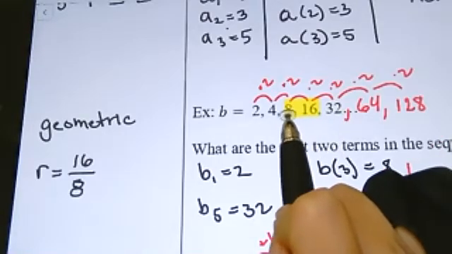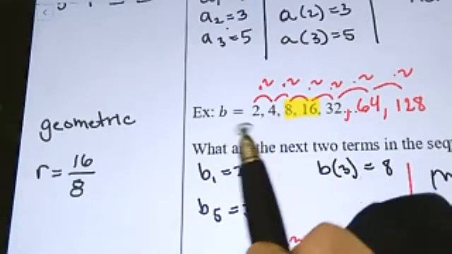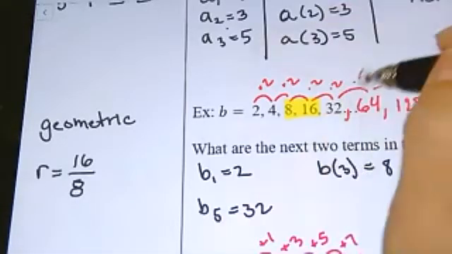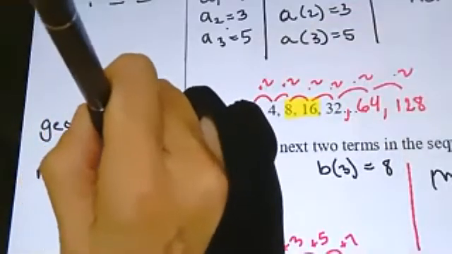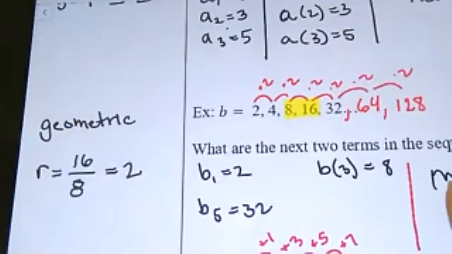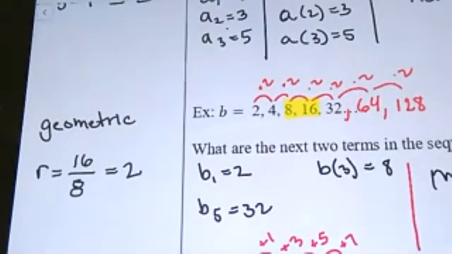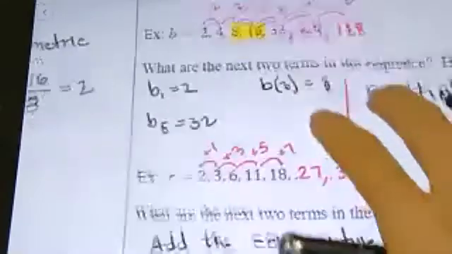Or you take the 8 and divide it by the 4, but you're always dividing by the number in front. You're dividing by the previous term. And 16 divided by 8 is 2. And you'll notice, hey, we were multiplying by 2. Okay, so that's what we expected. Geometric, we were multiplying by the same number, in this case, 2 every time.